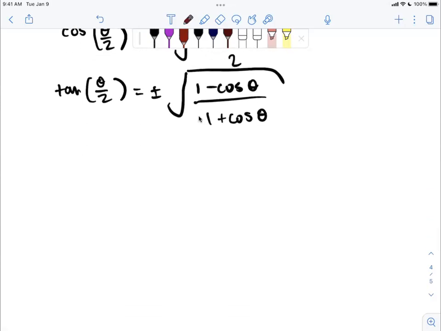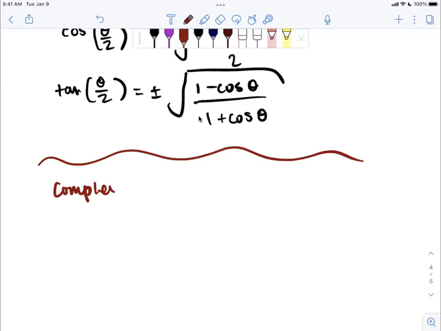You don't have to remember this if you don't want to, but I just find it an easier way to remember the sum and difference formulas.